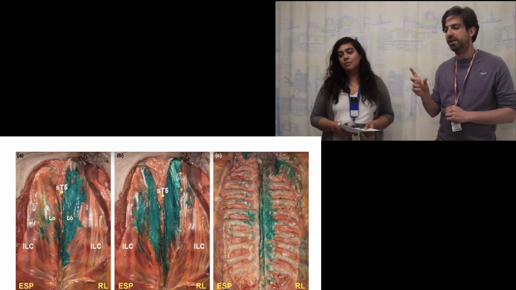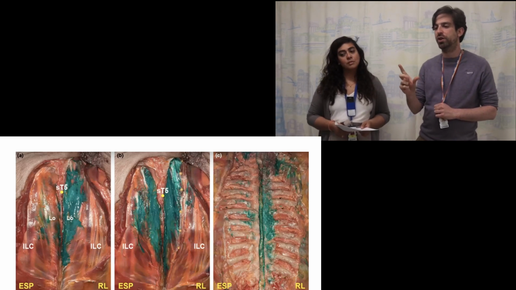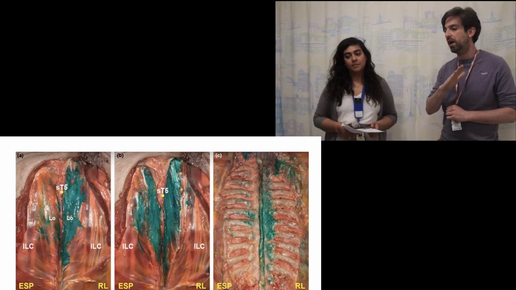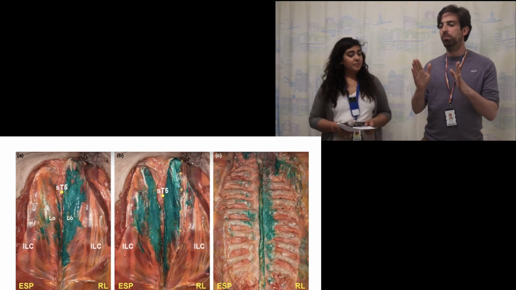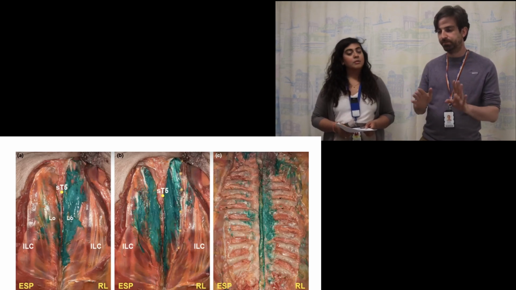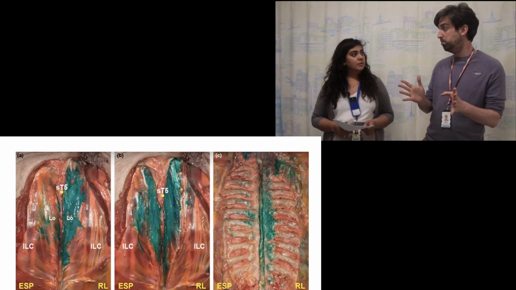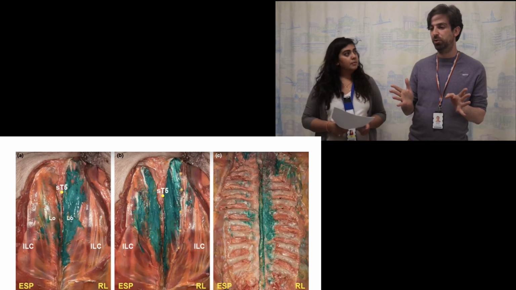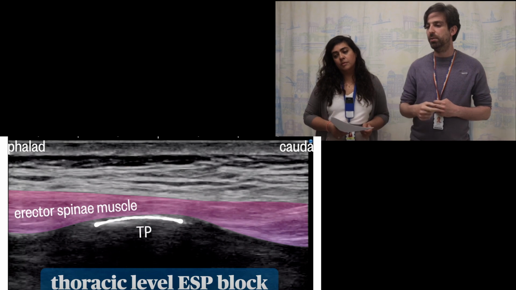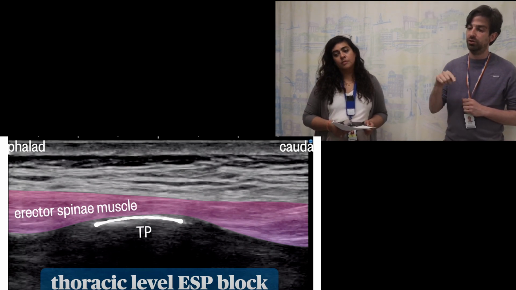Now, that is not in itself that useful unless you're trying to block the posterior rami. With that spread, you would get a really good block on the back, but in the mid-clavicular line it's great for middle back surgery, but it's not that great for abdominal or thoracic surgery. You can see that there is spread to deeper layers.